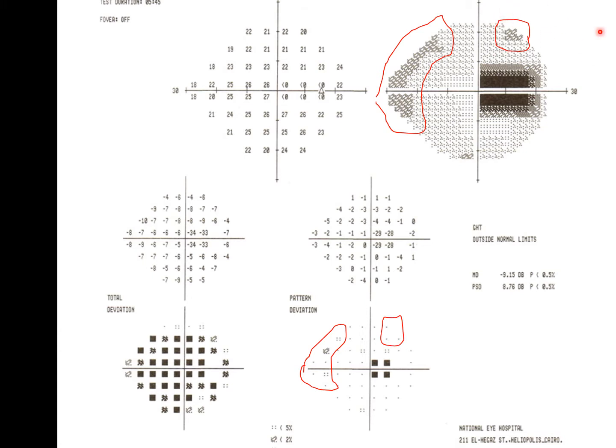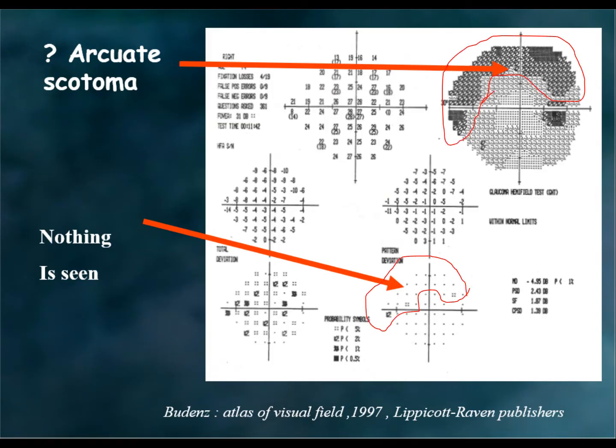Also here, the grayscale gives us an impression of a lesion, which is not the case down here. So actually we have to depend on the pattern deviation for interpretation of possible local changes in the field. Another example with changes shown here in the grayscale, nothing is seen here in the pattern deviation.